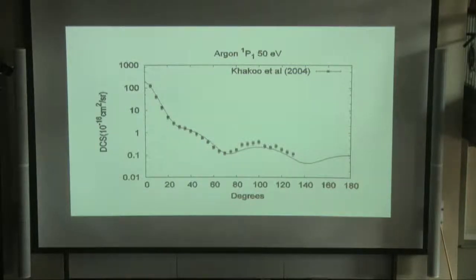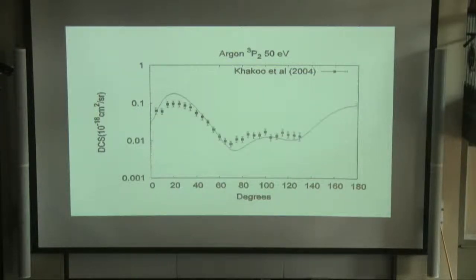So here we have what seems to be good values. They're not exact, but they're certainly within the error bounds, and it looks pretty good. If we go to the exchange transitions here, well, it's not bad, but it's certainly not as good as the direct ones. Again, this is a log scale, so this is a factor of 2 difference there at the peak.